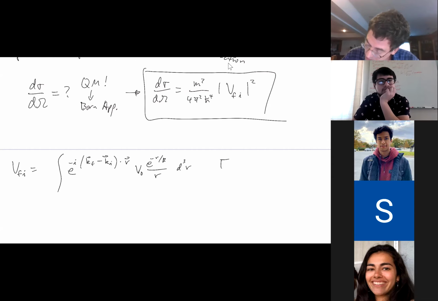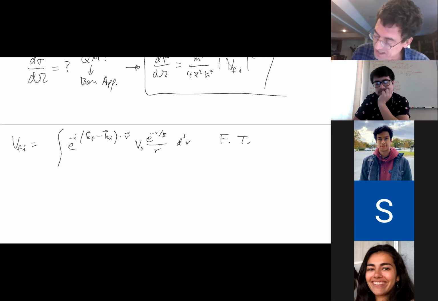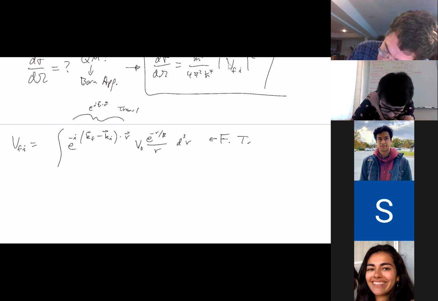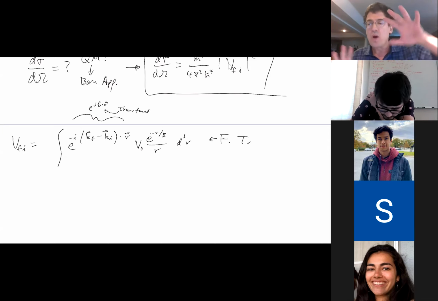This is a Fourier transform. So that's what we've got to do, we've got to calculate this Fourier transform. I just want to point out that this wave, the e to the i q dot r, is associated with the transferred momentum.